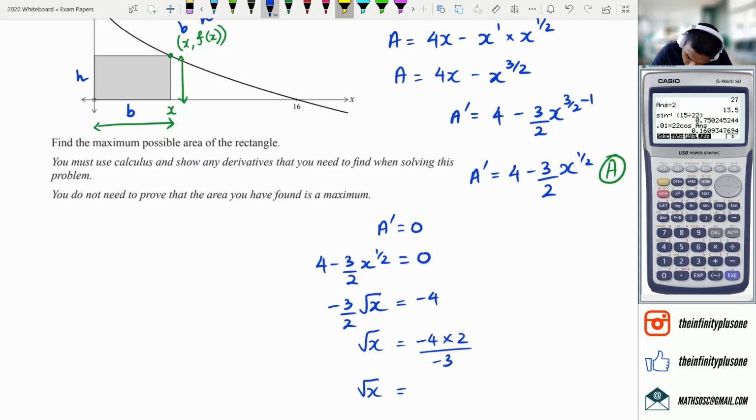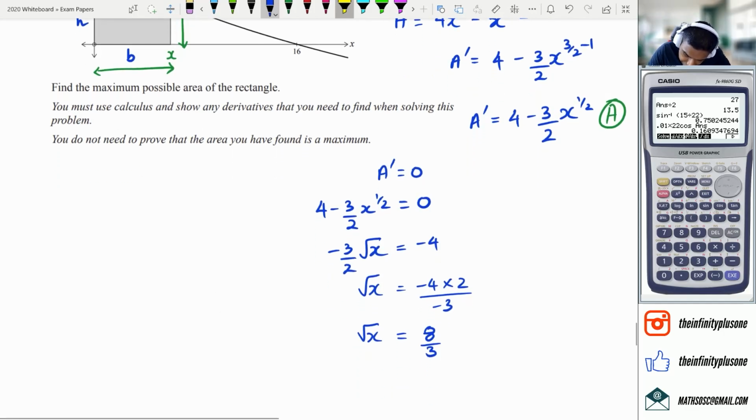So root x is equal to positive 8 over 3. Let me just double check. Which means we can actually say that x is equal to 64 over 9 because I want to square it.